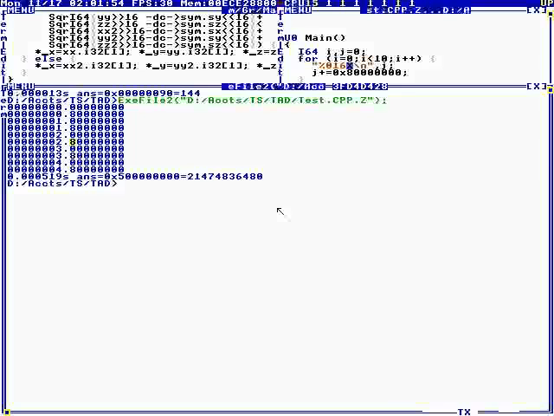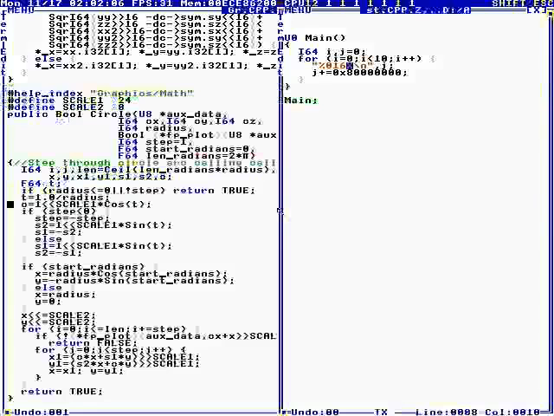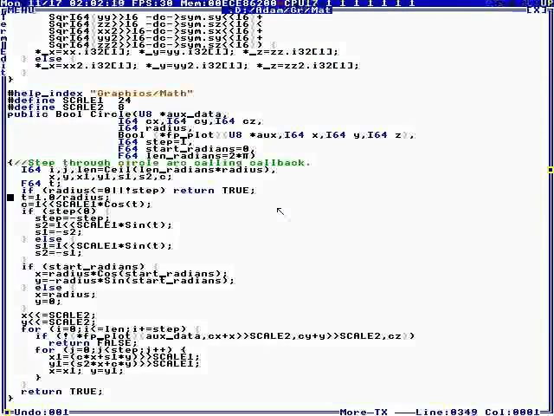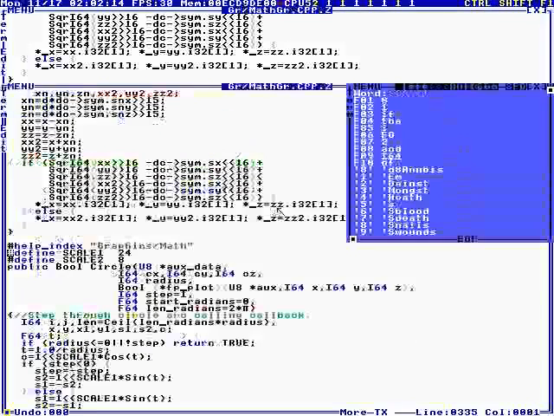Okay, do you see how that's going by a half? Well, that's the way fixed point math works. So floating point is different.